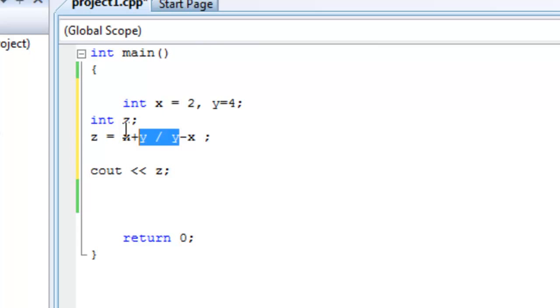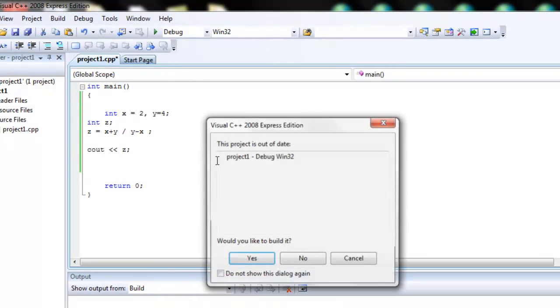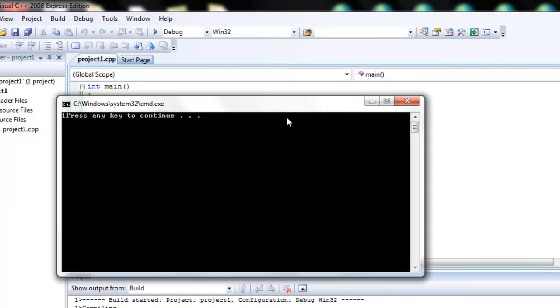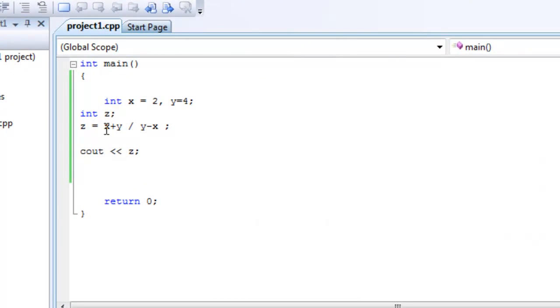So 2 plus 1 minus 2, which would give us 1. And let's see if that's correct here. Okay, yes. It gave us a 1. Okay, so that's all you got to know. You have to follow the rules whenever writing an expression like this.